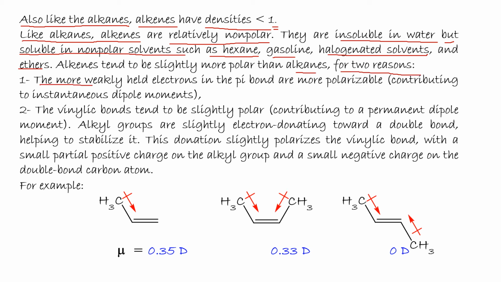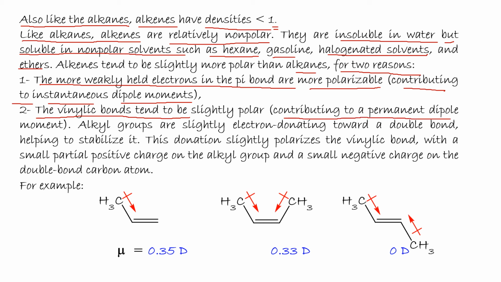The more weakly held electrons in the pi bond are more polarizable, contributing to an instantaneous dipole moment. The vinylic bond tends to be slightly polar, contributing to a permanent dipole moment. Alkyl groups are slightly electron donating; CH3 is electron donating.